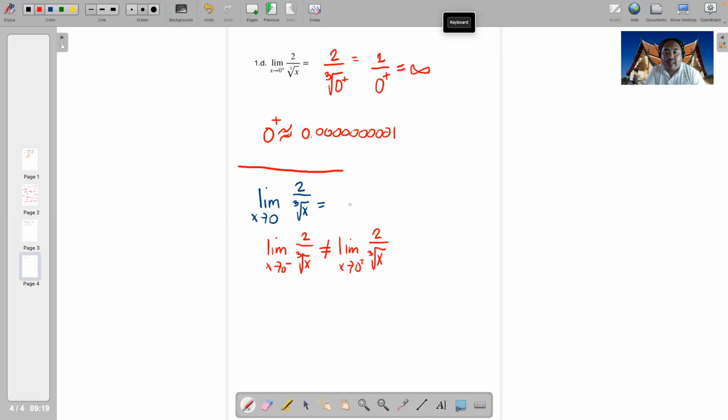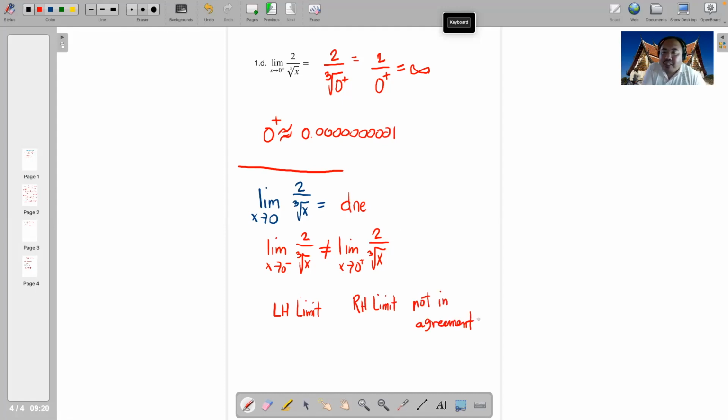Therefore, our answer to this is does not exist because the left hand and the right hand limits are not in agreement.